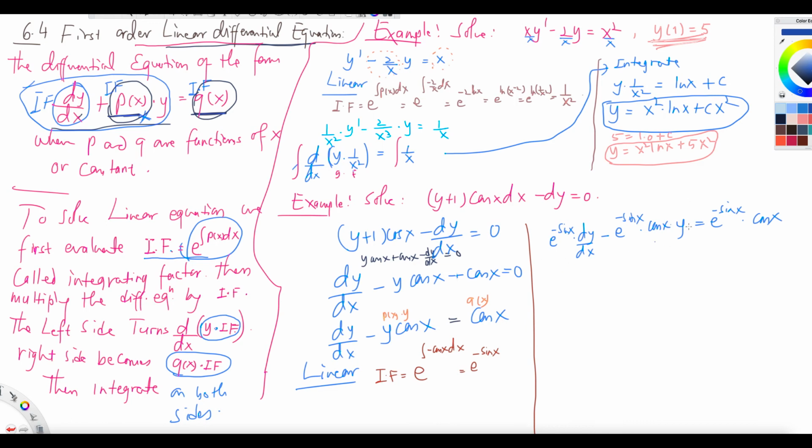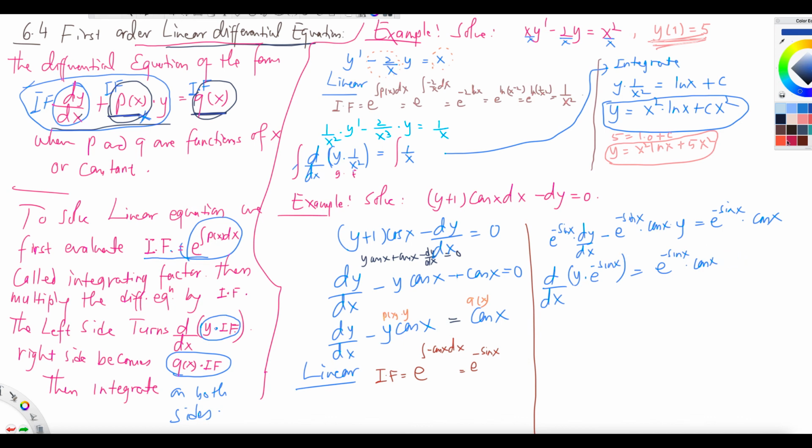Since this is the integrating factor problem, the whole left hand side can be written as the derivative of y times the integrating factor. That's what the left hand side looks like. And the right hand side is e to the negative sine x times cosine of x, dx.